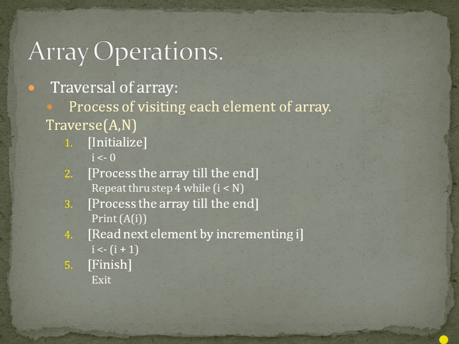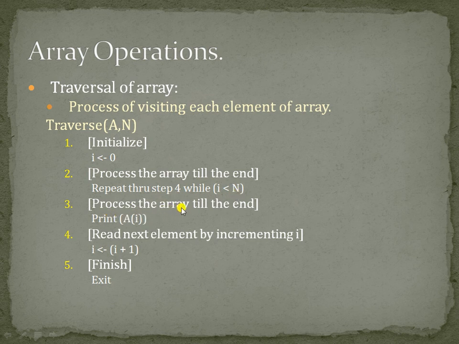Here is the algorithm for traversing an array. For that we require 2 parameters, the array as well as the size of the array. First of all, we initialize i with 0. Then we need to visit each and every element, and for that we apply a while loop while i is less than the size of the array.